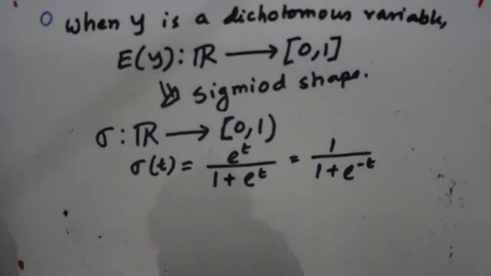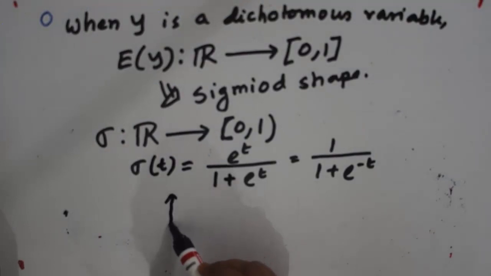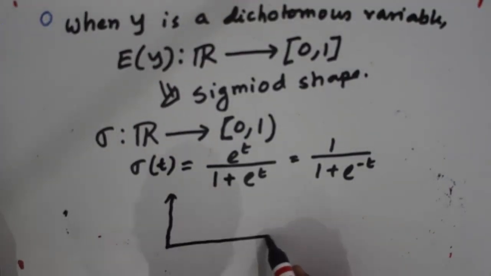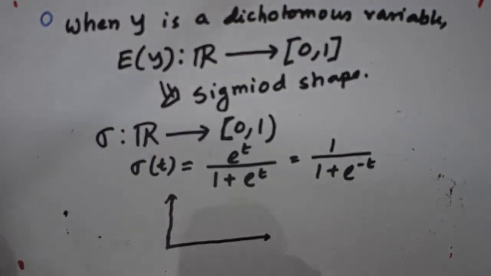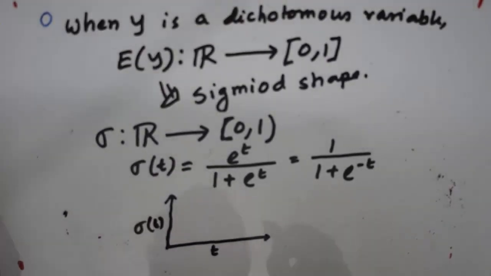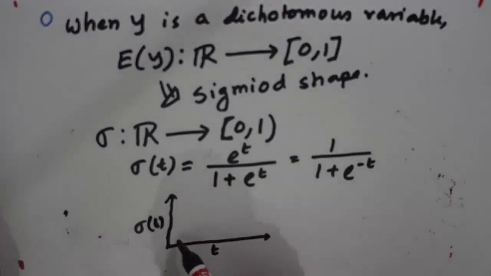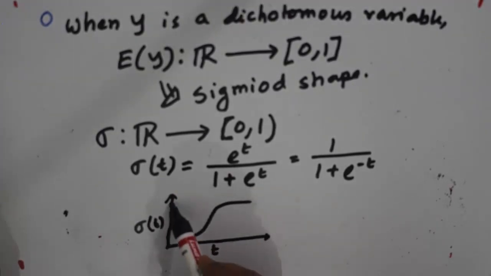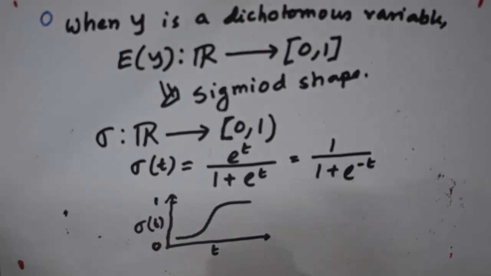And if we plot this function, then it looks like this. This is an S curve.